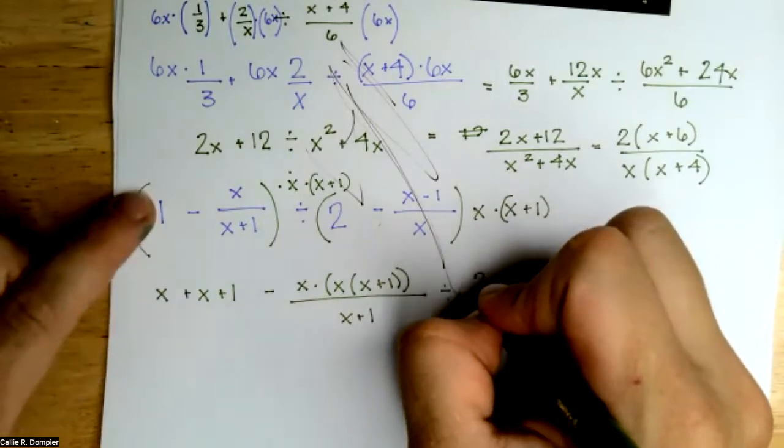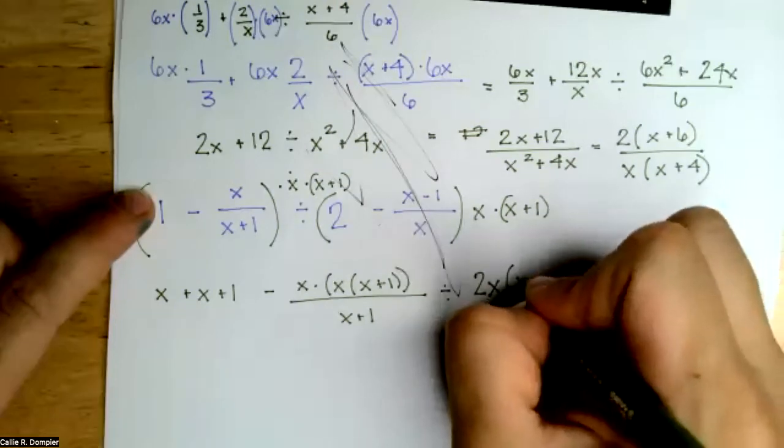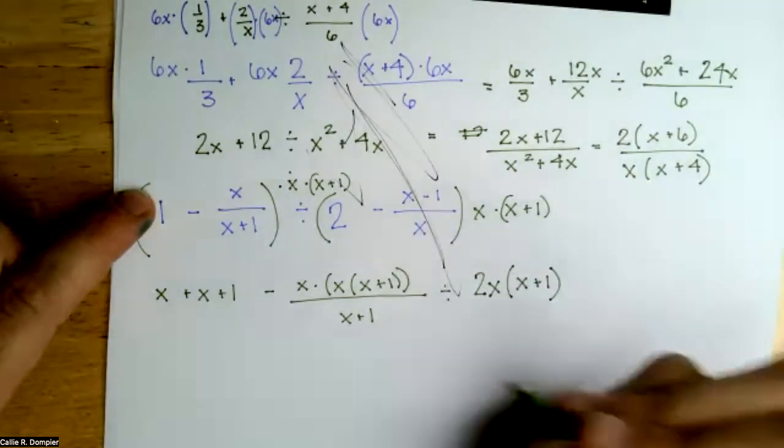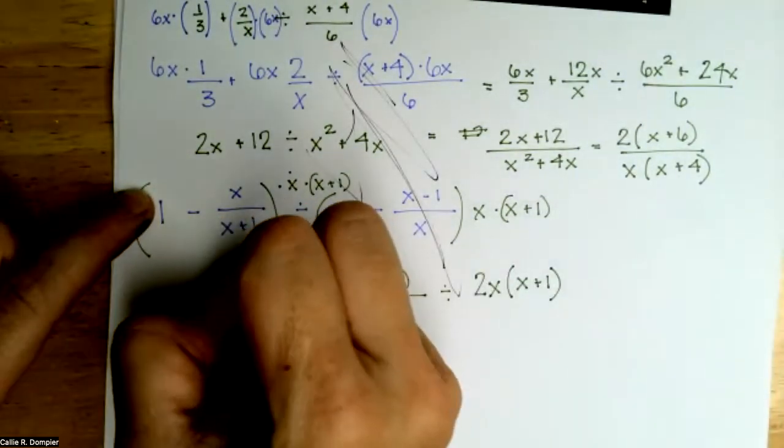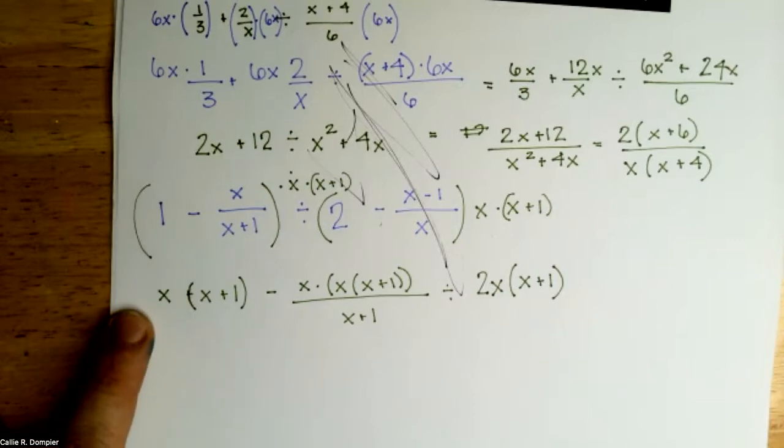Divided by 2 times x plus 1. Let me know if you don't like how I'm writing it. Well, I don't like how I'm writing it because that was a mistake. I just left the 1 off.